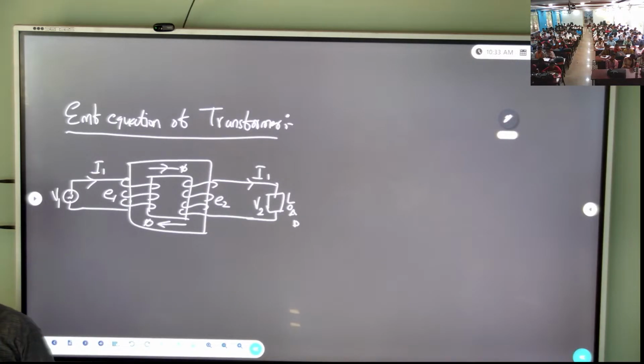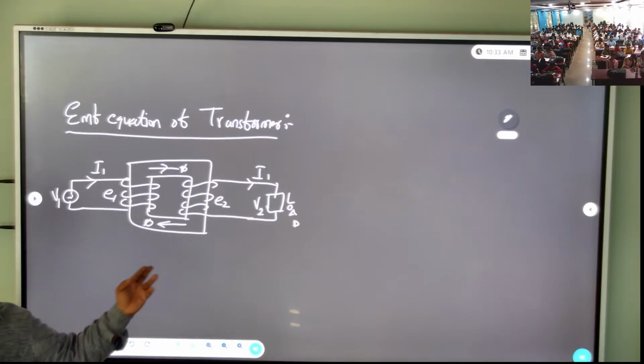This is the diagram you can use for explaining the working and principle of the transformer, the construction of the transformer, and the derivation of the EMF equation. For the transformer you have to draw this one. State and explain the principle of transformer: you have to draw and write down how it works. Construction: you have to draw the parts.